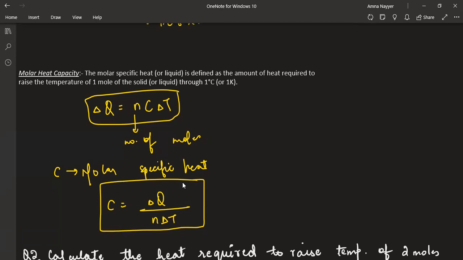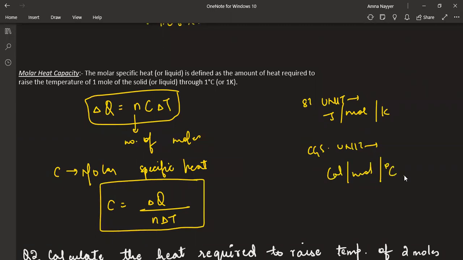So if the number of moles is 1 and the temperature changes by 1 Kelvin, whatever amount of heat is required will be equal to the molar heat capacity. So what is the SI unit for it? SI unit is joules per mole per Kelvin, and CGS unit will be calorie per mole per degree Celsius.